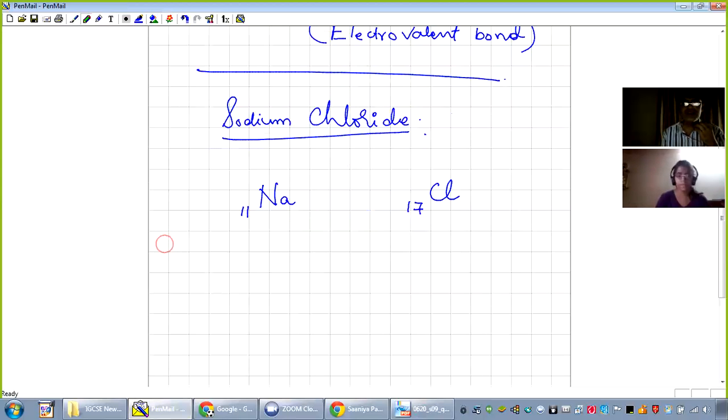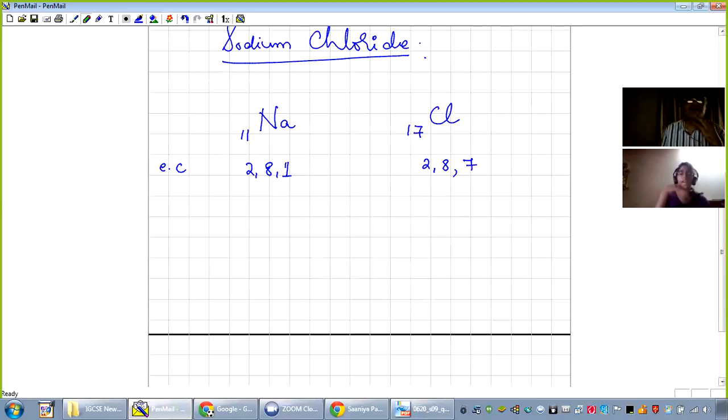The first thing that we are going to get here is the electronic configuration of both of these elements. This is going to be 2, 8, 1. This is going to be 2, 8, 7. So to make this full and this full, Na gives one electron and Cl takes one electron.